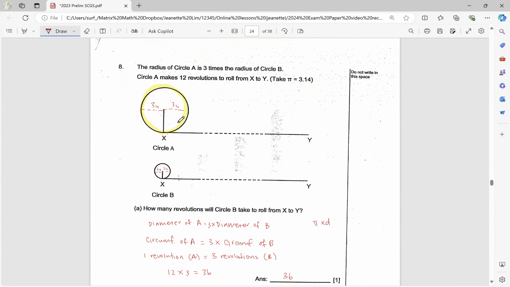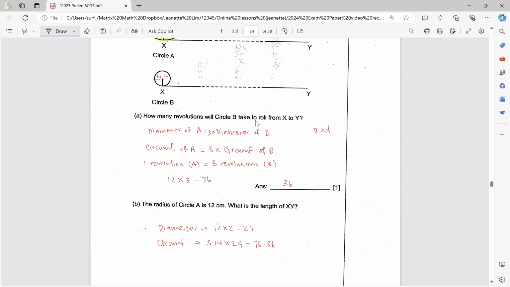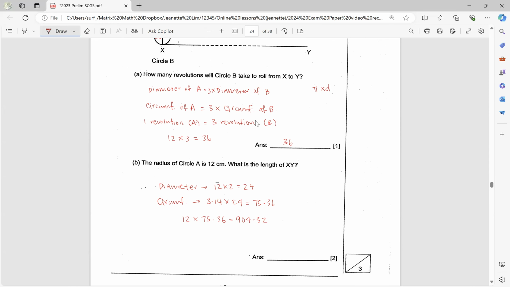Circle A rolls 12 times, so 12 times 75.36 is 904.32 cm.